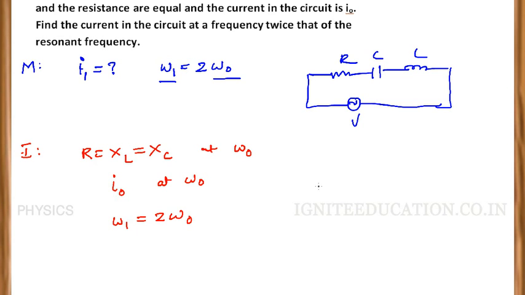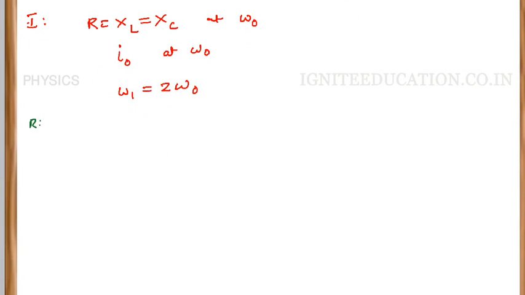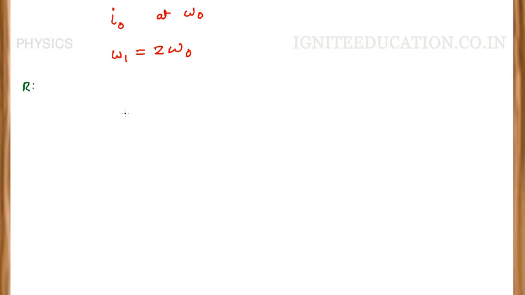Now we will resolve everything. From the problem, we already know that R is equal to XL, which is equal to XC. That means the current flowing in it, I naught, is equal to Vm by, or Im or V naught, whatever you can. The notation should be the same.